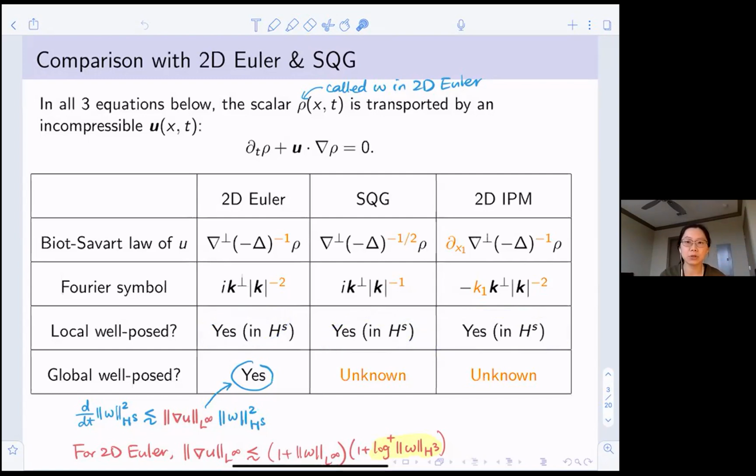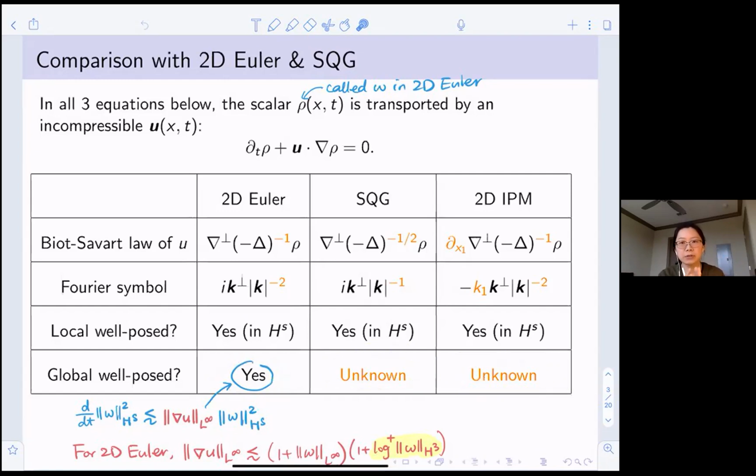However, when it comes to global well-posedness, for the 2D Euler equation, it has been known since the time of Wolibner and Hölder, for almost a century, that the initial vorticity in a sufficiently high H^s space is globally regular. However, this is unknown for both the SQG and the IPM equation.